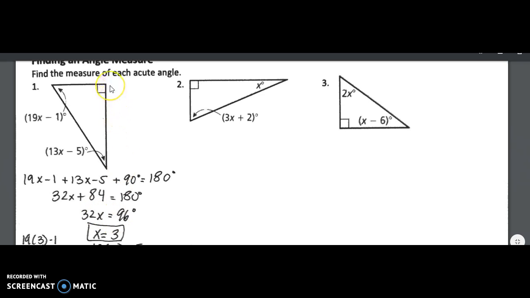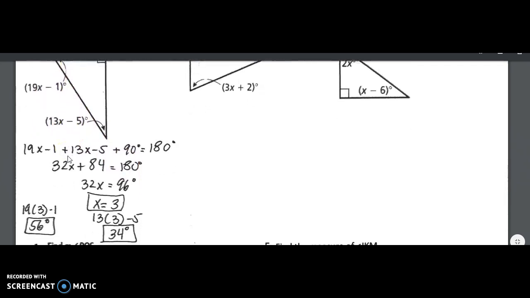Now, you're asked to find the measure of each acute angle. So after you have found x, you then need to plug x into each one of these acute angles to find the measure of the angles themselves. And so that's what I'm doing here.